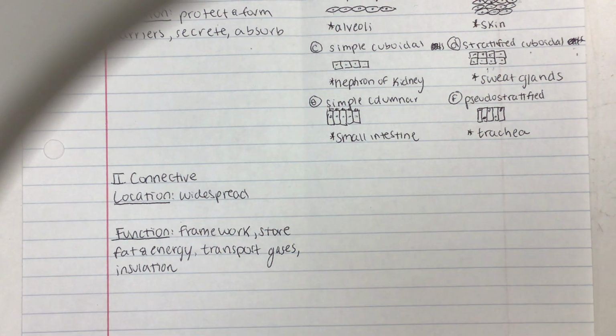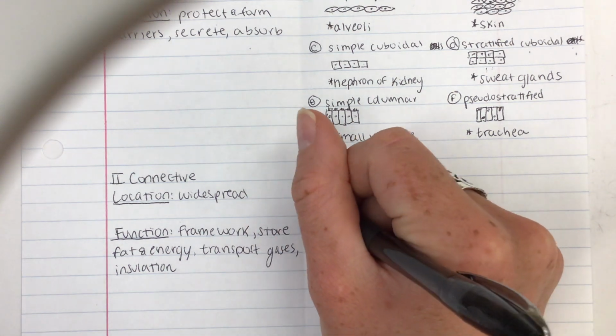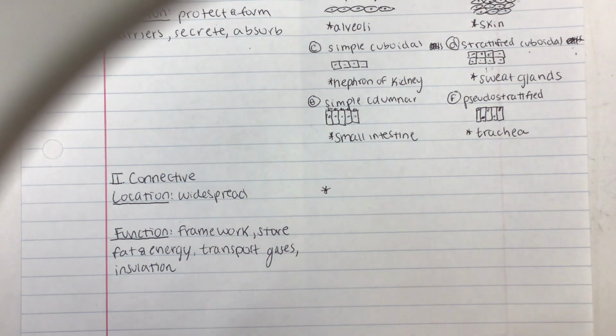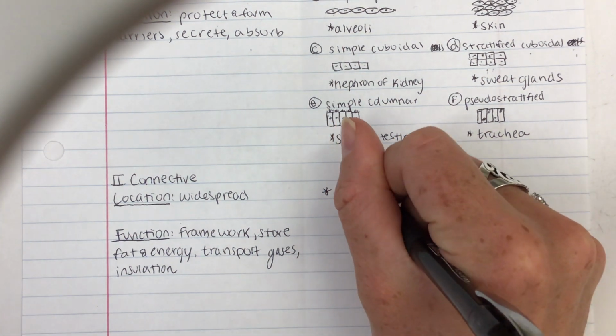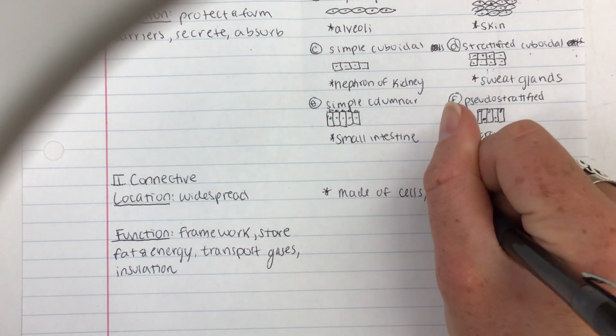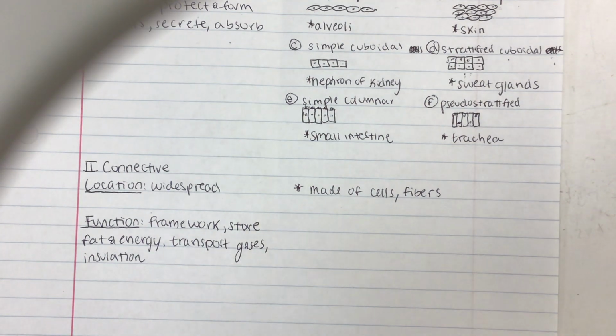So here we go. Let's take a look. First of all, something to note about connective tissue is that it's not really only made up of cells. It's actually going to be made up of cells, but then fibers, which is always just a weird word because fibers really are what they are. They're like thin segments of protein, things like that.